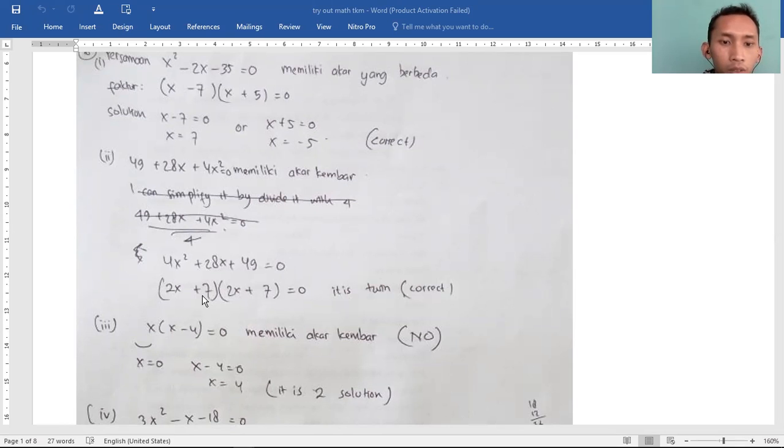I can make the factorization like this: 2x plus 7, 2x plus 7. So it is correct that they have two solutions that are the same. So statement 1 and statement 2 are correct.